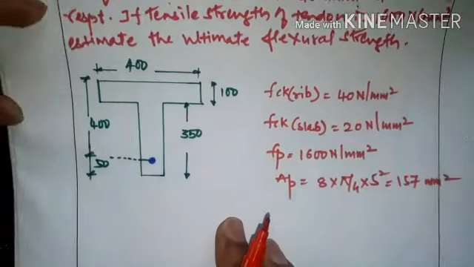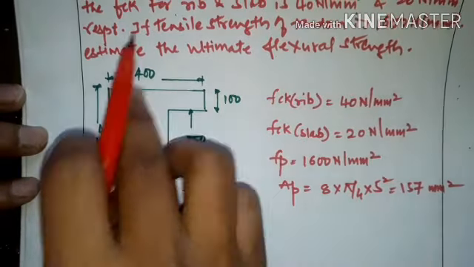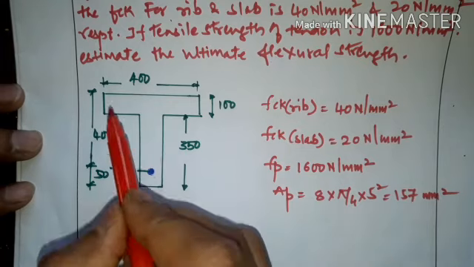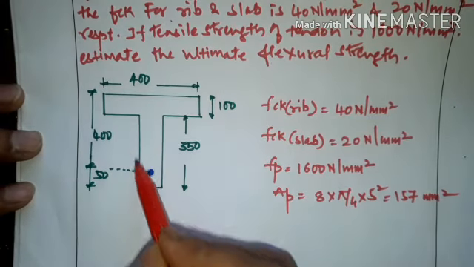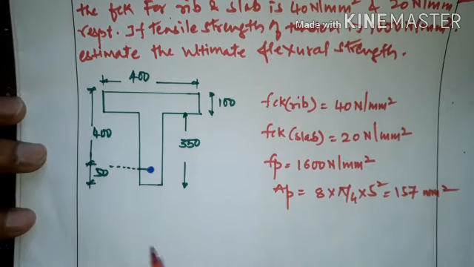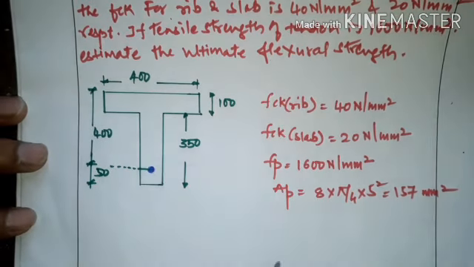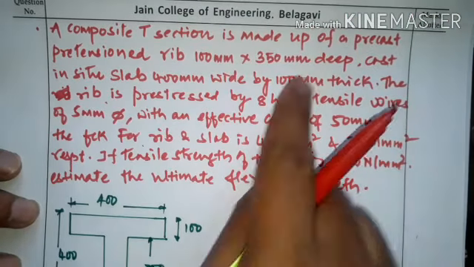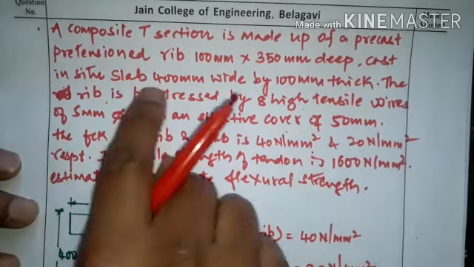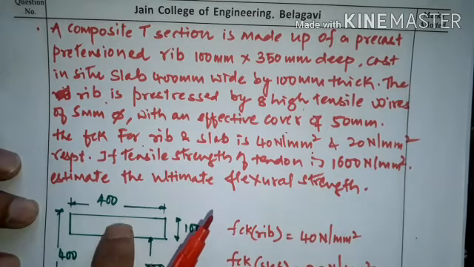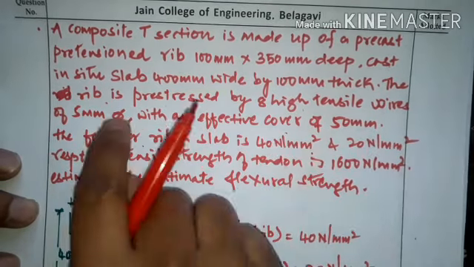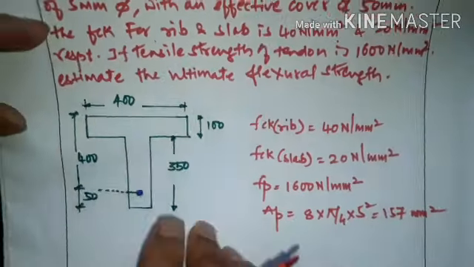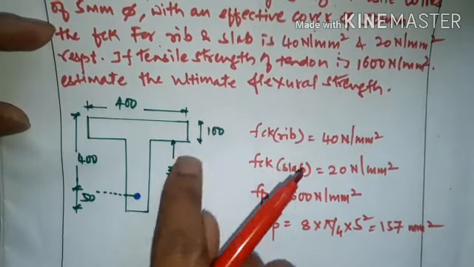So we'll have the sketch. I have written the sketch here. First of all, they are given the rib size of 100 mm wide by 350 mm deep. Then the cast in situ slab over the rib is 400 mm wide and 100 mm thick.